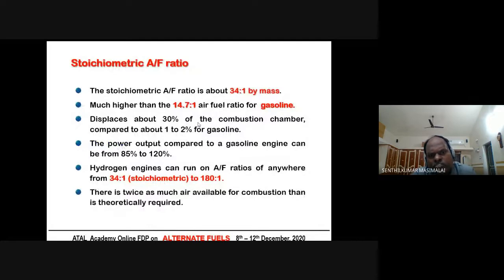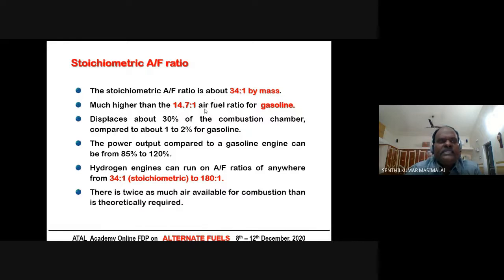Then if you look at the stoichiometric air fuel ratio, hydrogen has a stoichiometric air fuel ratio of 34:1. Actually, here I have mentioned it on a mass basis. Gasoline has a stoichiometric air fuel ratio of 14.7:1, whereas hydrogen has 34:1.